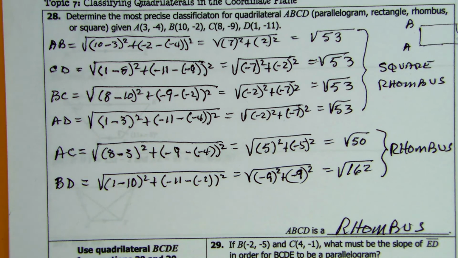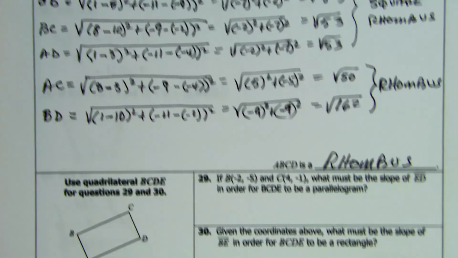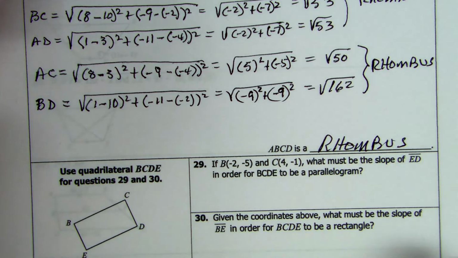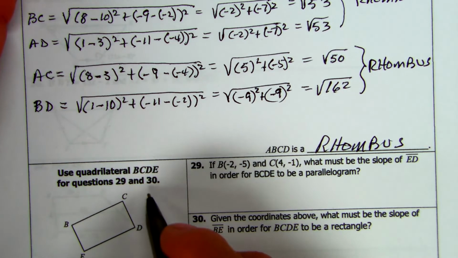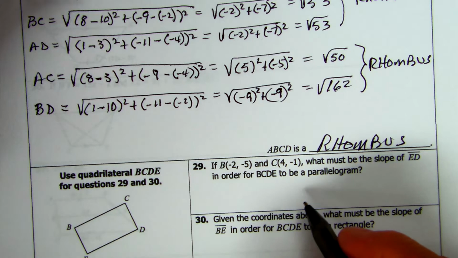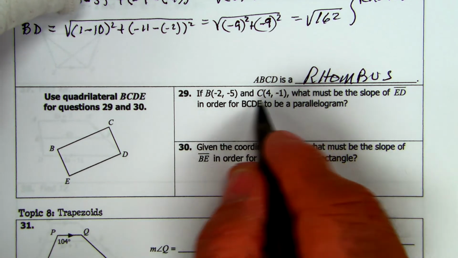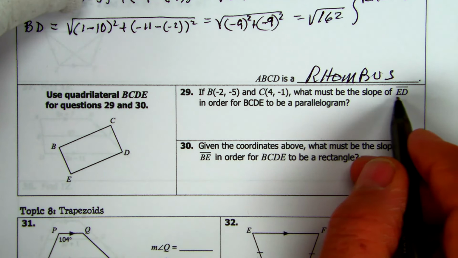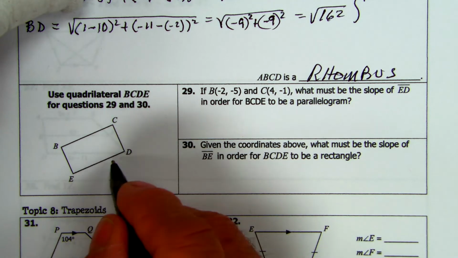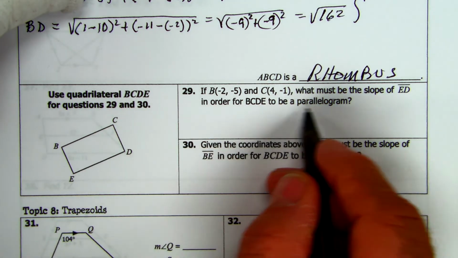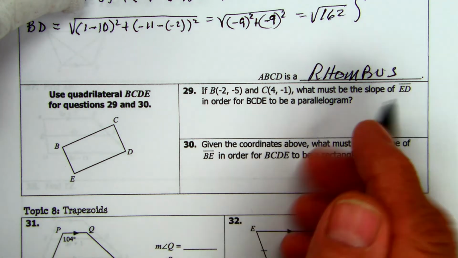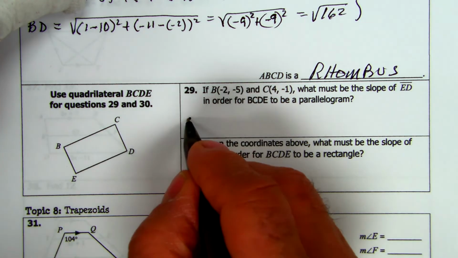All right, let's move on to question number 29. So on 29 it says, use this figure for these two questions. So it says that if we have these coordinates for B and C, what must be the slope of ED in order for BCDE to be a parallelogram? First thing I want to know, what is the slope of BC?